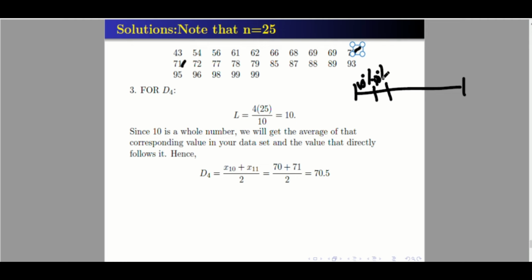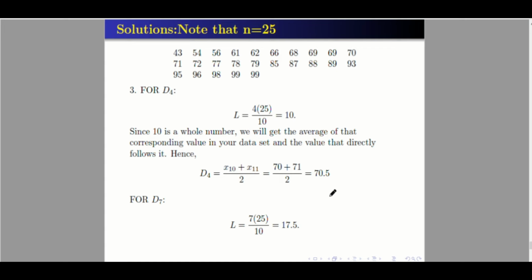Since this is D4, there are four 10% subdivisions, so there is 40%. So 40% of the data falls below or equal to 70.5. Again, 40% of the data falls below or equal to 70.5.